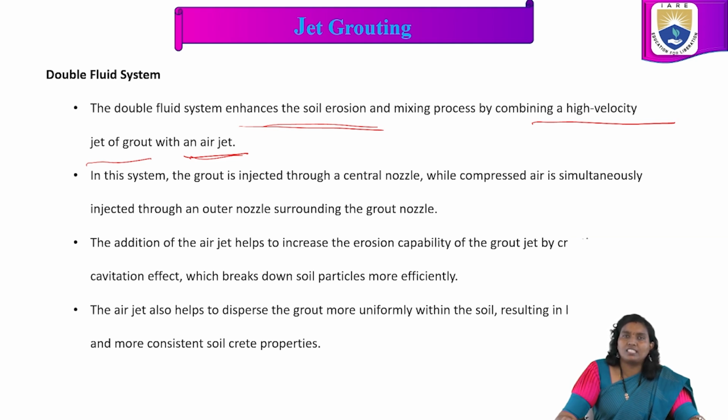The mixing process combines these two parameters and it enhances the soil erosion. In this system, the grout is injected through a central nozzle while compressed air is simultaneously injected through an outer nozzle surrounding the grout nozzle.